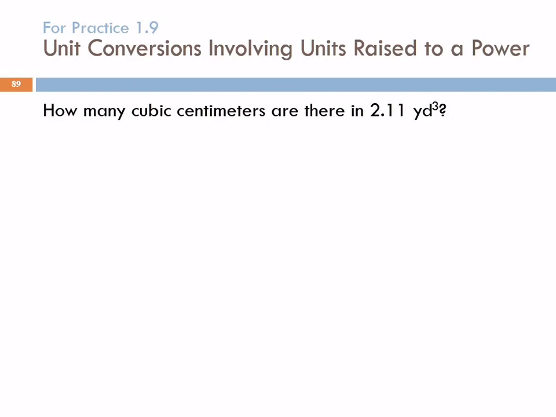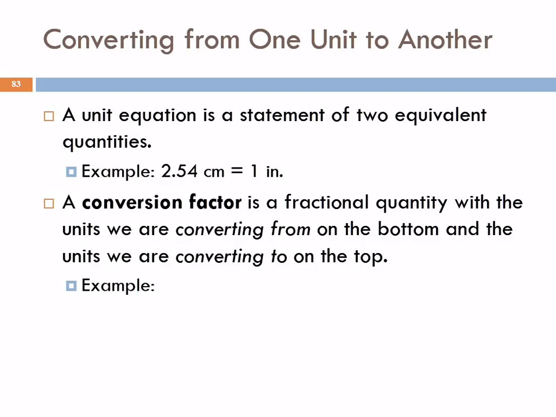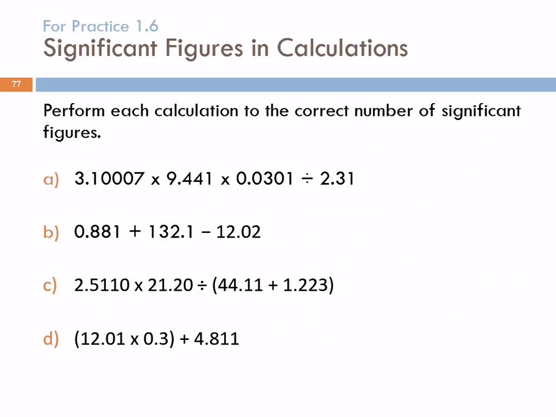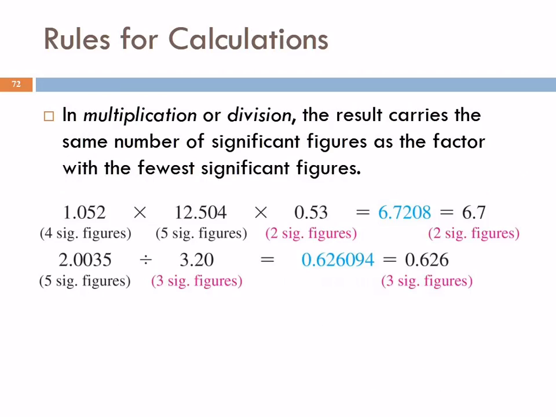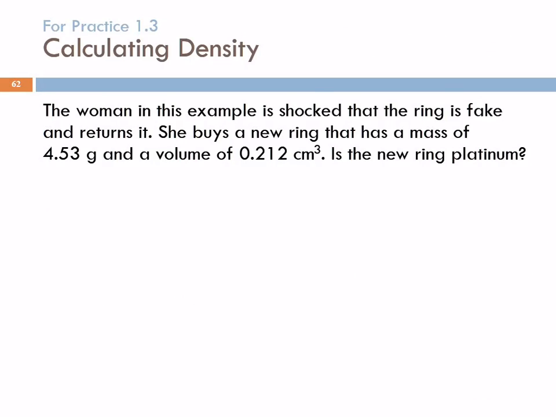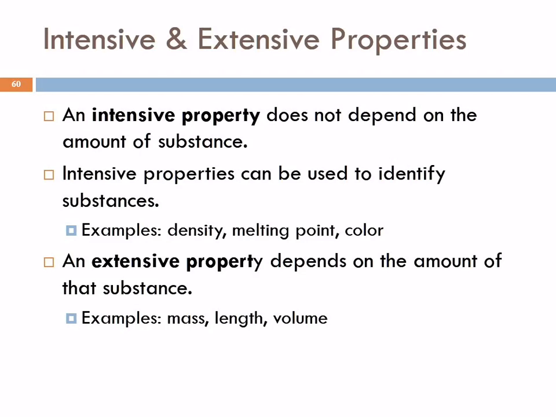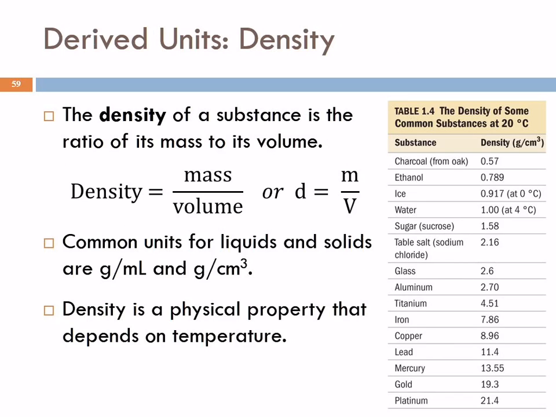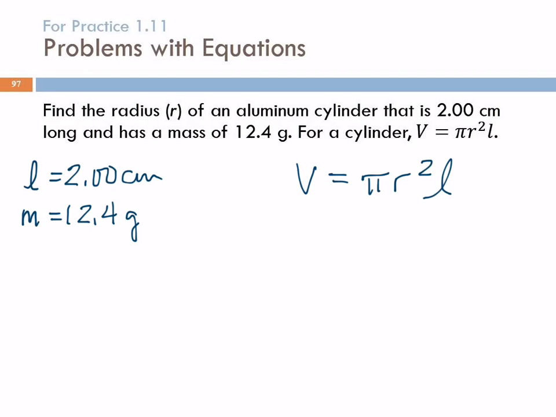So we have to go back to density. I really should write this on the slide. Aluminum, 2.70. Density equals 2.70 grams per cubic centimeter.